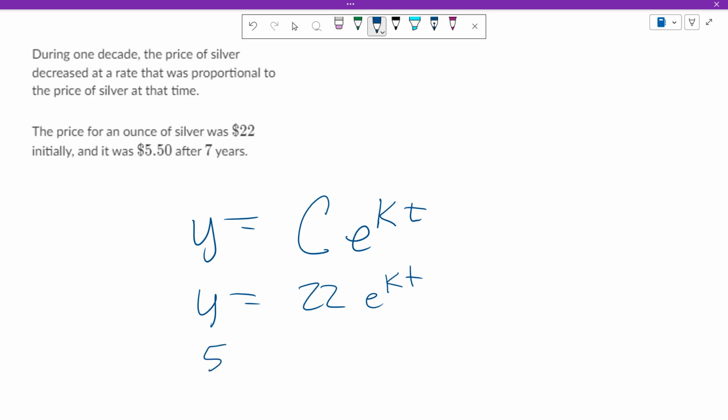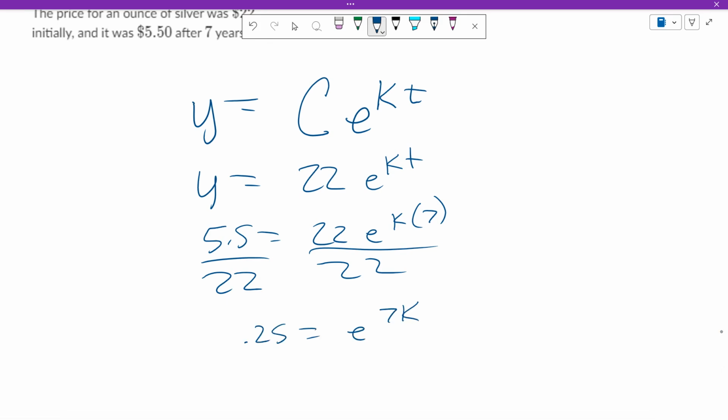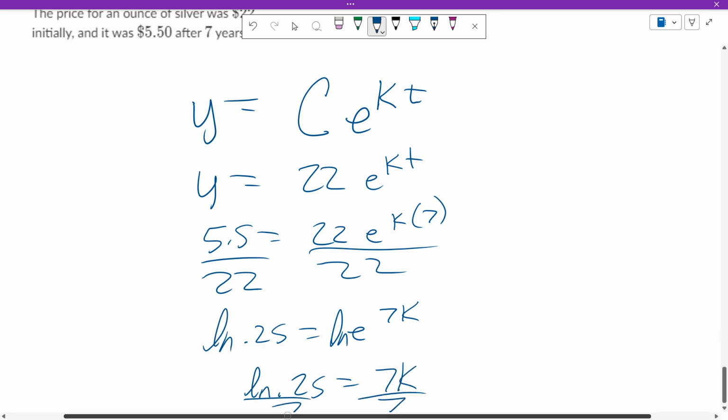So 5.5 equals 22 e to the k times 7. Divide by 22. 0.25 equals e to the 7k. ln both sides. ln of 0.25 equals 7k. Divide by 7. k equals the ln of 0.25 divided by 7.